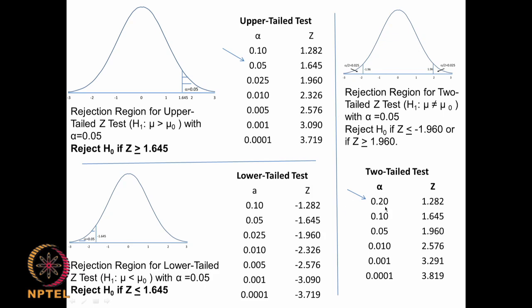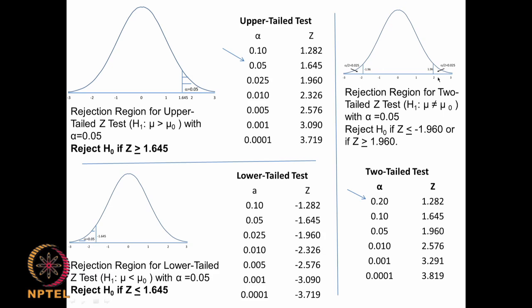So, for a 2 tail test for different alpha, as you can see, this is 95%, this is 90%, this is 80% and this is 99% and so on. For a 95% 2 tail test, z is equal to 1.96, just like t is equal to 1.96.